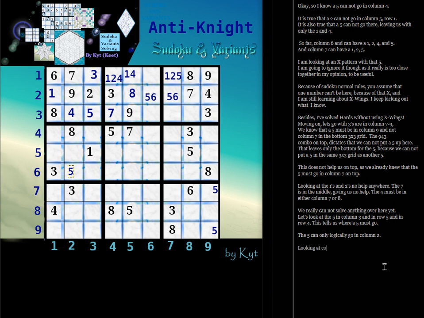Looking at column 2, I need a 1, 2, 4, 6. I know that the 1 must go in the bottom somewhere, and the 2 and 6 can be anywhere. Not useful.